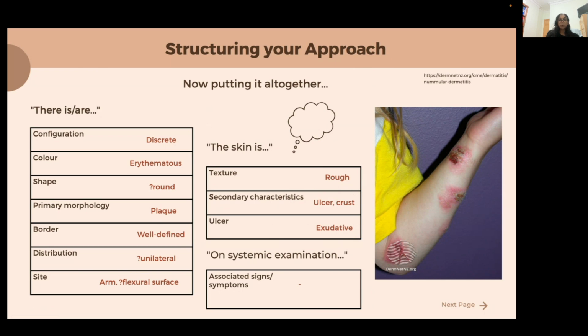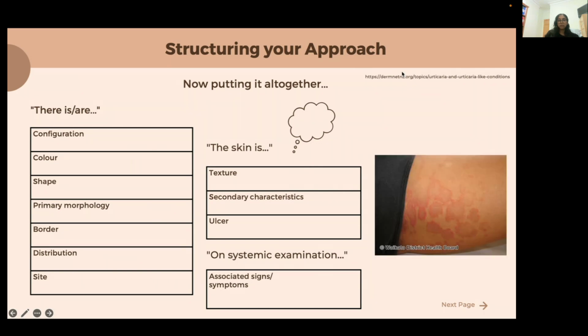It's unilateral on the, like someone said, on the lower arm, on the flexural surface. When palpating, the skin is rough to touch. There's ulceration and crusting present, and the ulcer is exudative. Well done.